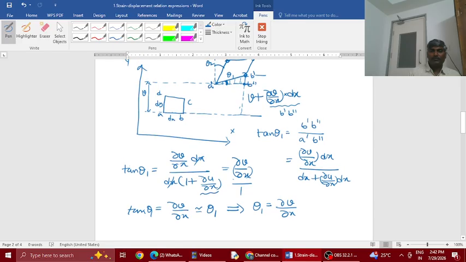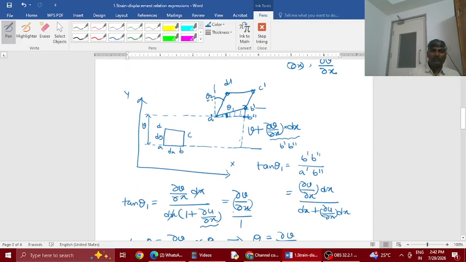Similarly, if you look at the theta 2 calculation, for every dou y distance, there is a u displacement happening, a horizontal displacement, at a rate of dou u by dou y. Okay, so this is the rate of displacement happening.